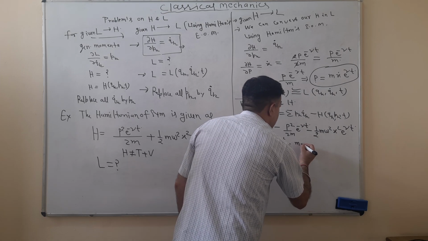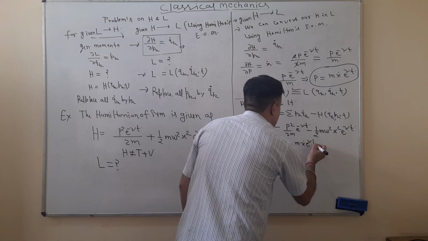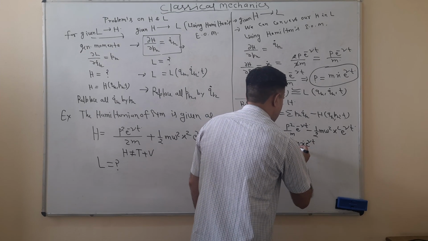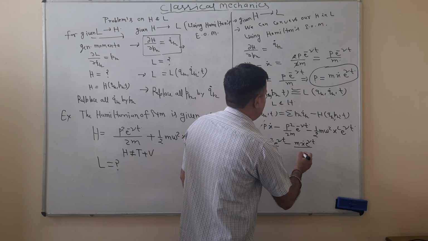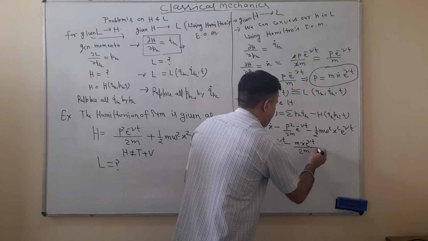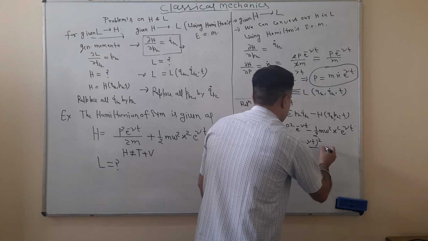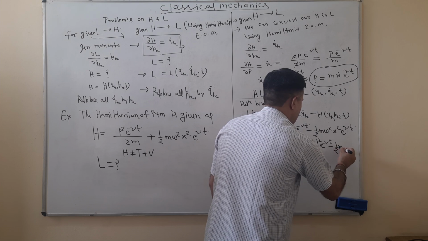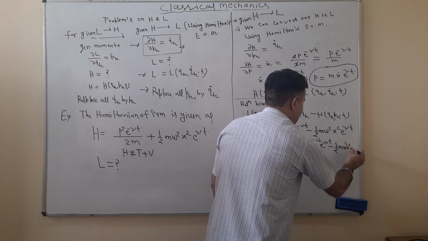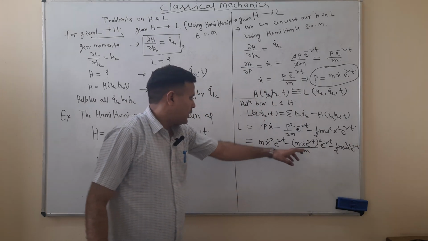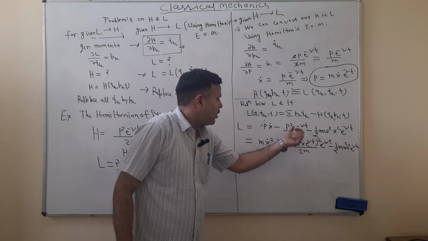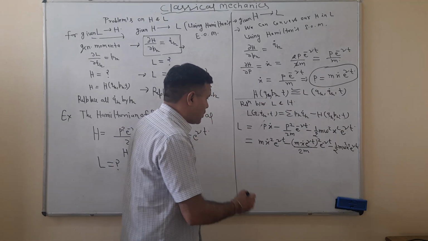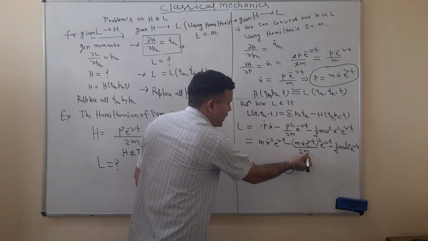Let me write one more step: (mẋ e to the power νt) whole square by 2m into e to the power minus νt, minus 1 by 2 m ω square x square e to the power νt. So now replacing all p's by this expression which contains generalized velocity, that is the ẋ term. So this 2m, this m square again cancel out.